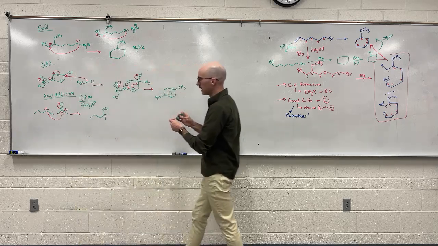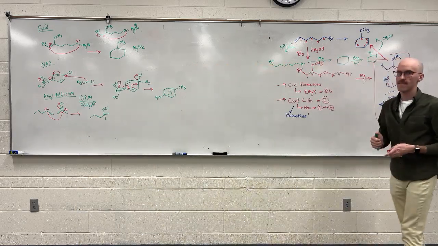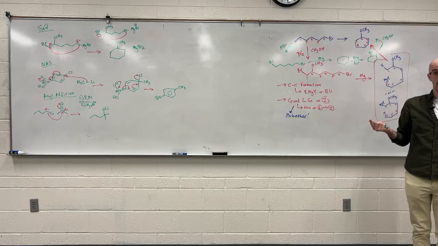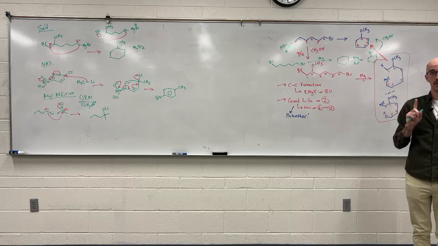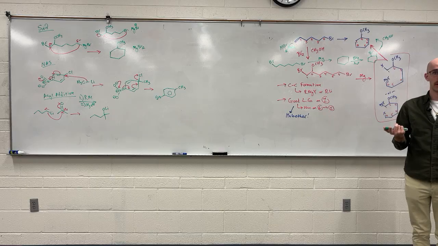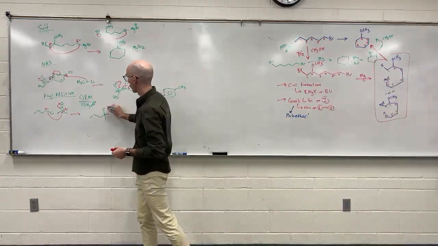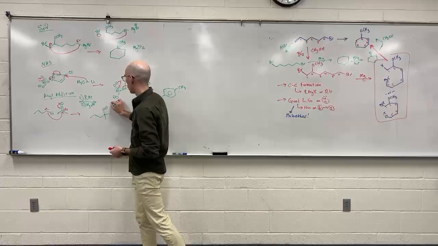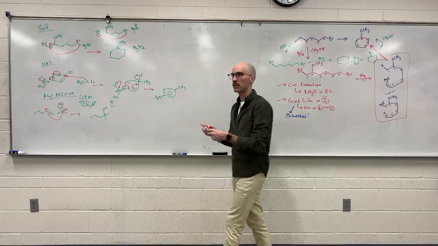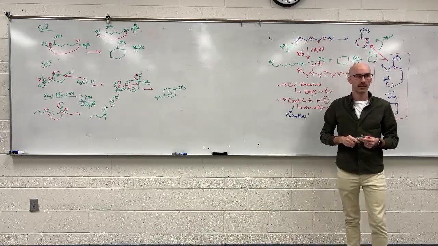In this case, it would be OLi. Covalent bond? No, ionic bond. So if you don't want to show that as OLi, just to neutralize the charges, you can show those charges separately, O minus and Li plus.